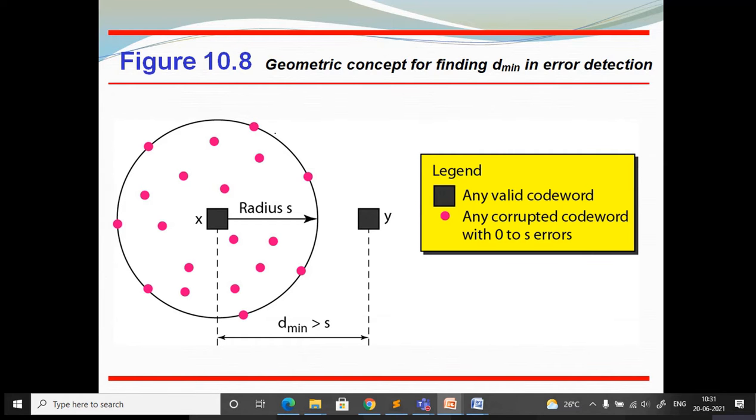The red dots you can see are called valid code words. If you want to identify an error, the code word should not match any of these. It should go out of this circle. In such cases, you can know that it is not a valid code word and there is an error in the received data.